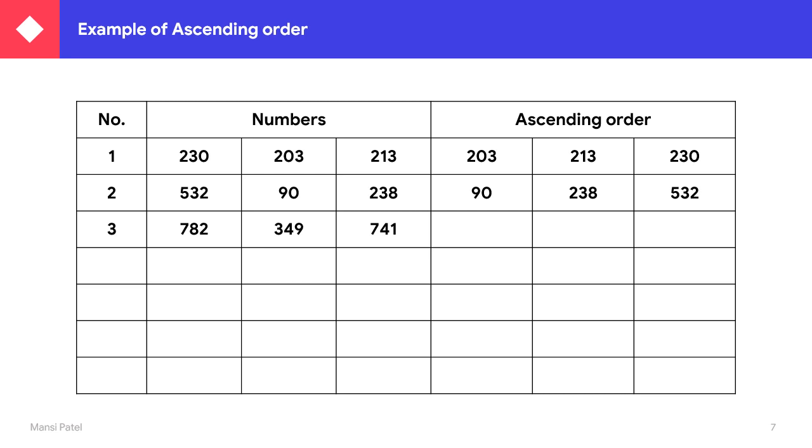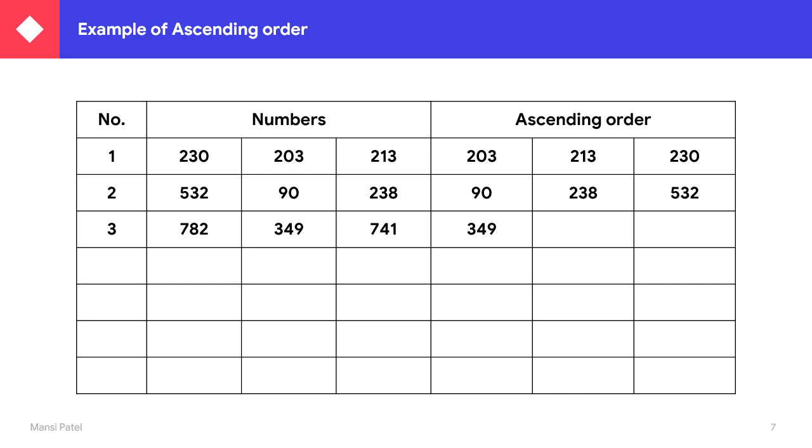Number 3: 782, 349, 741. Here we have to apply our second rule. The number of digits are the same, so you have to see the first digit. In 782, 7 is there. In 349, 3 is there. In 741, 7 is there. From these three numbers, which is the smallest? 349.